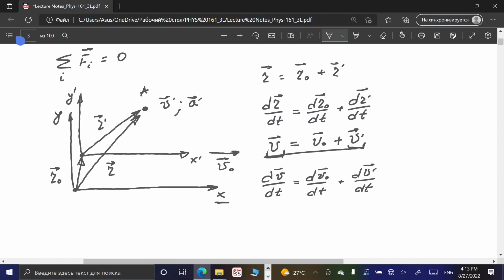So here we need to recall that both of these system of references are inertial, and that means if one, this xy, is stationary, the second can move, but it can move only with constant velocity vector v naught, means it can move only with constant magnitude of this velocity vector and constant direction, so means along a straight line. In this case, it's along axis x.